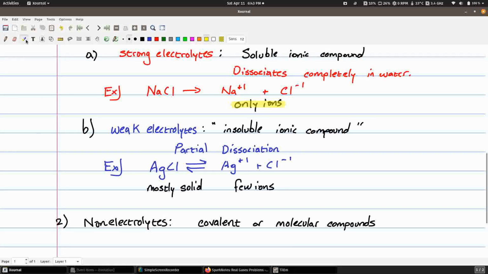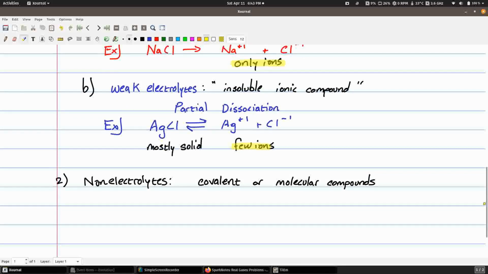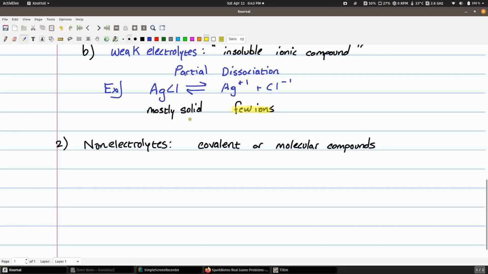So that's the key that you're going to be using. Pretty much that's why you have precipitation reactions, is they're just insoluble in water. You're going to have mostly a solid powder or crystals or something like that form.